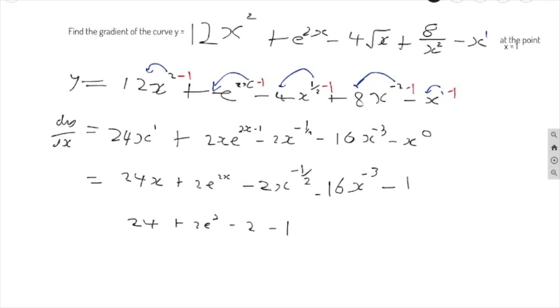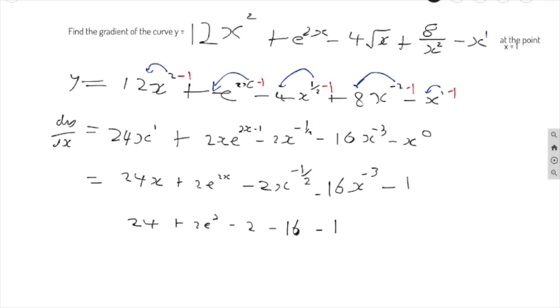Minus 16 times 1 to the power of minus 3. 1 to the power of minus 3 equals 1 divided by 1 cubed, which again is just 1. So therefore 16 times 1 is still 16.